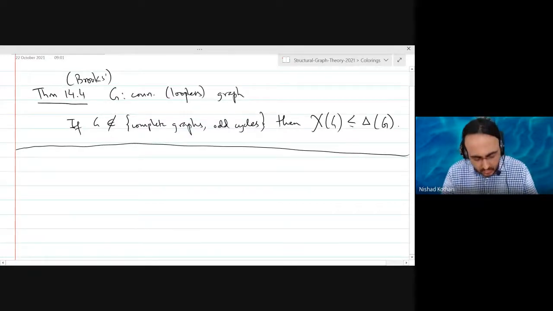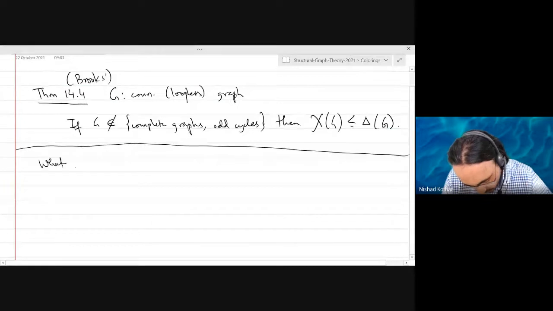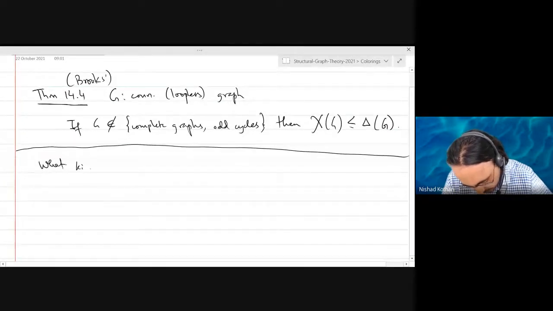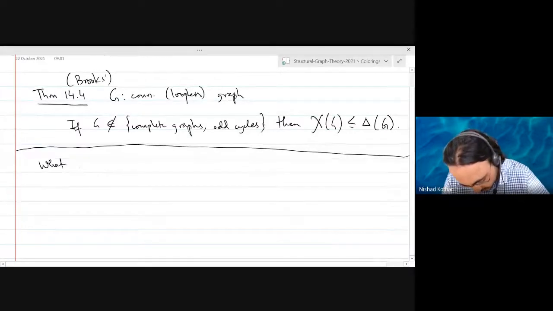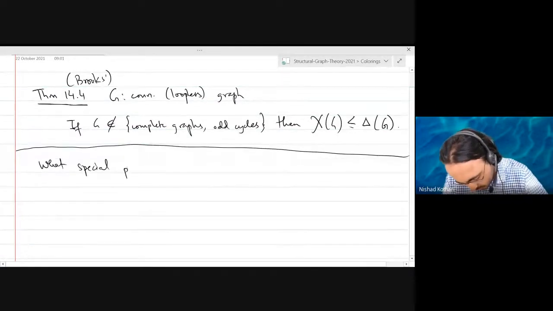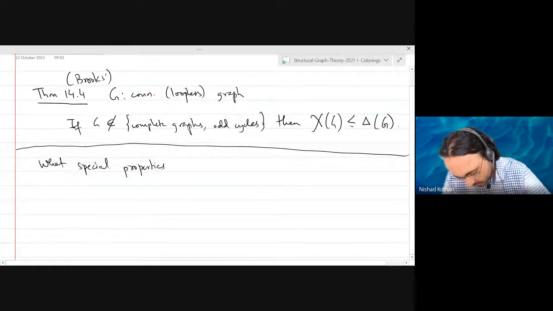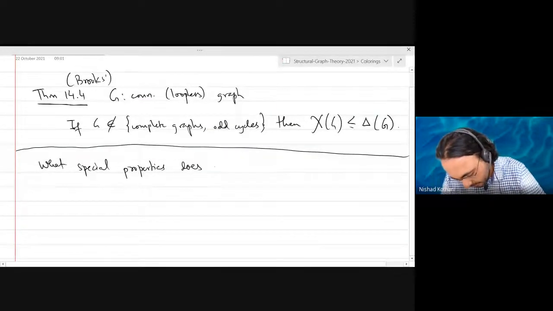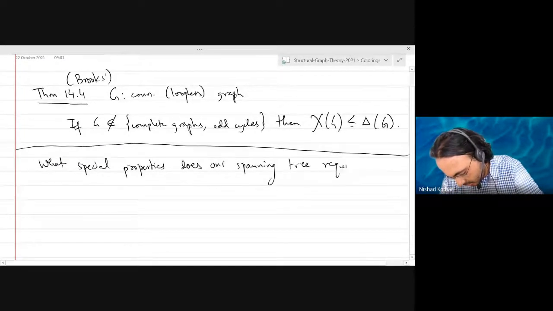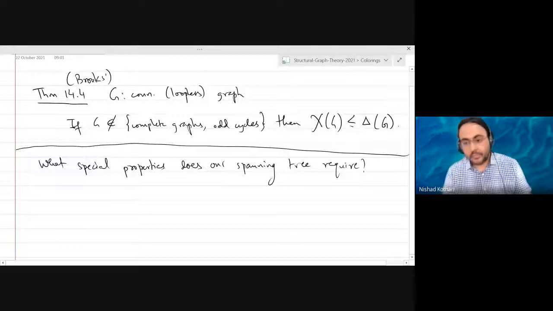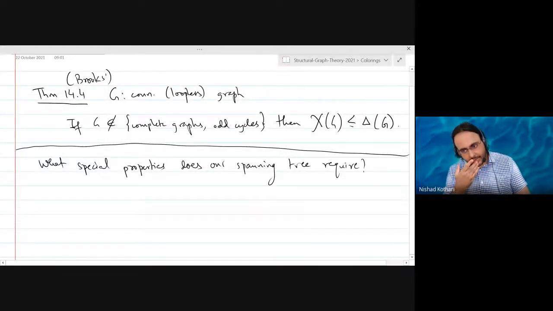So what special properties does our spanning tree need? Let's think about this greedy heuristic, right?